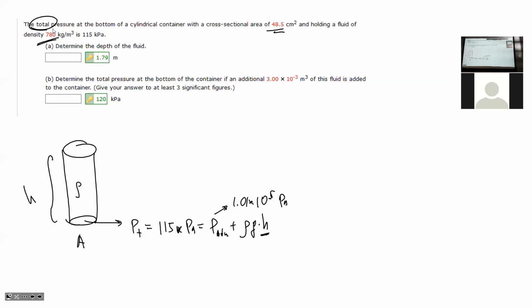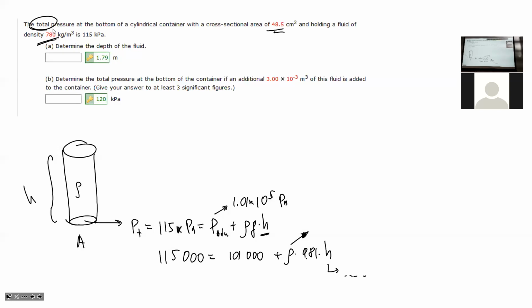So 105,000 equals 101,000 plus your density, which is different, but g is the same, times height. So you have to plug in your density and solve for height. And that's part A.